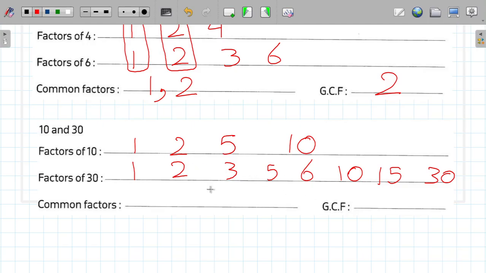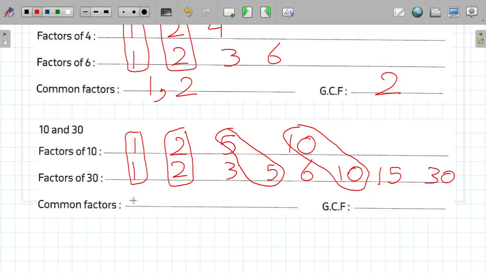I will search about the common factors between the two numbers. So the first one here is 1, and next I have 2, next I have 5, and next I have 10.